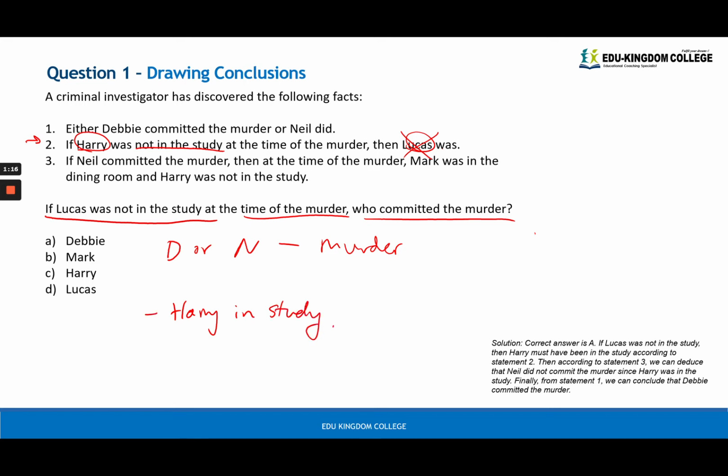Now if you look at 3, if Neil committed the murder, then at the time of the murder, Mark was in the dining room and Harry was not in the study. But we just established that Harry was in the study, so Neil must not have committed the murder. Remember from statement 1 that either Debbie or Neil committed the murder. So if it's not Neil, it must be Debbie. Therefore, A is the correct answer here.